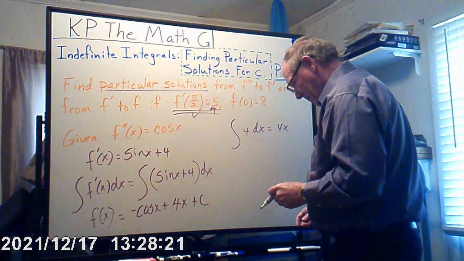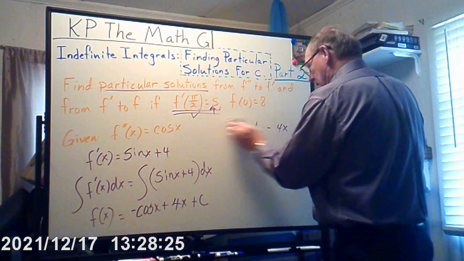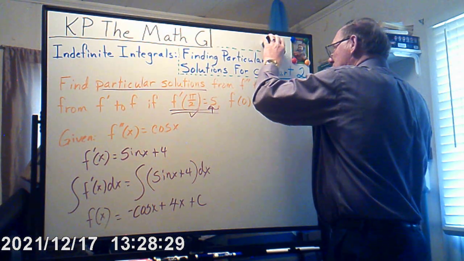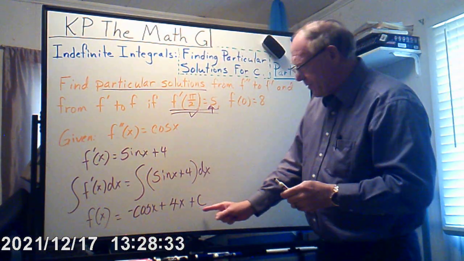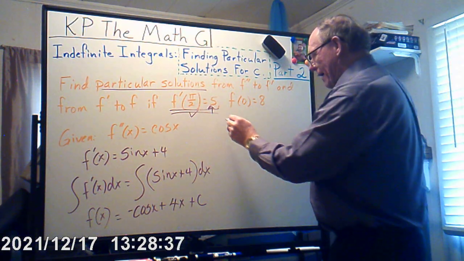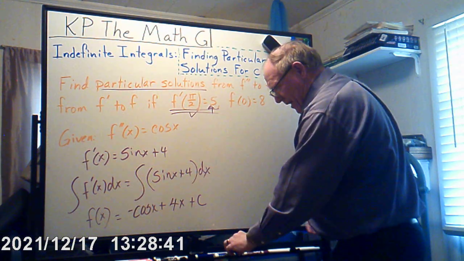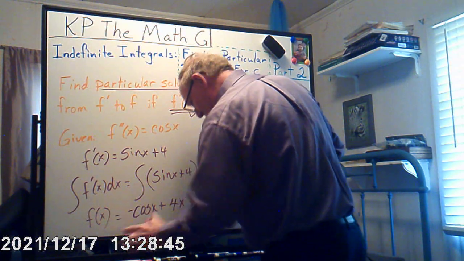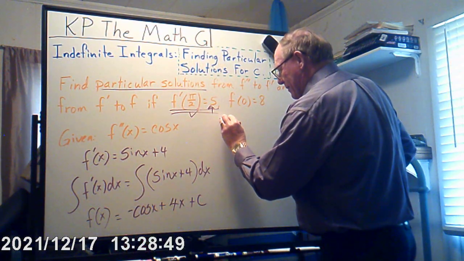Now we're going to use f at 0. So f at 0 now, let's get a different color. I don't like to use the same color throughout a lesson. How about this one? Now we're going to find f at 0.